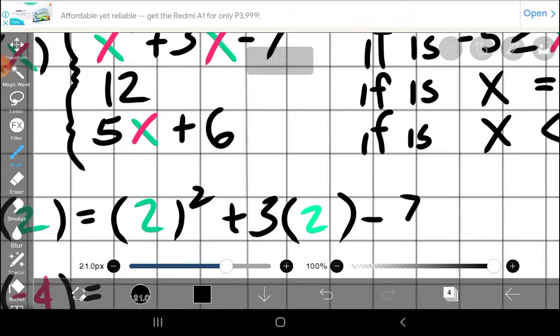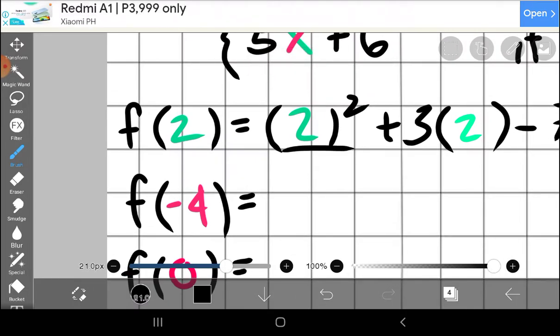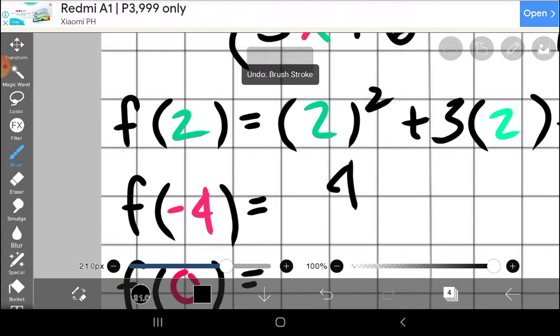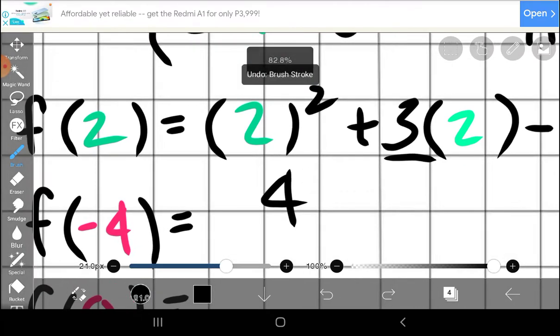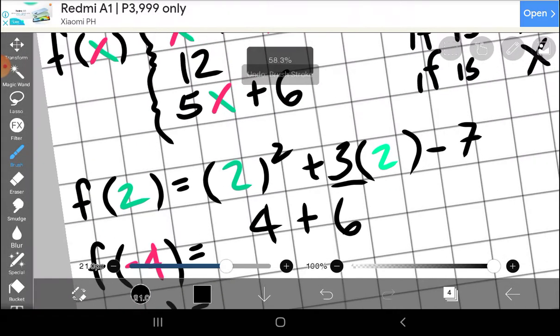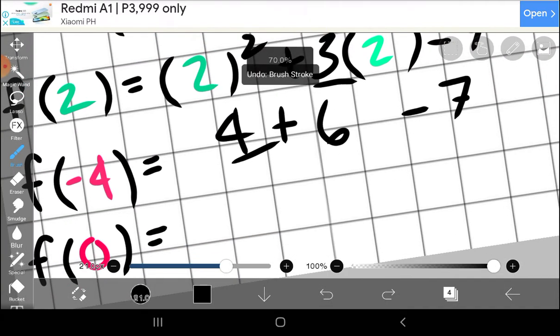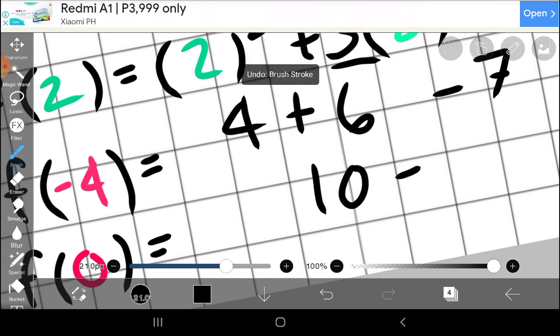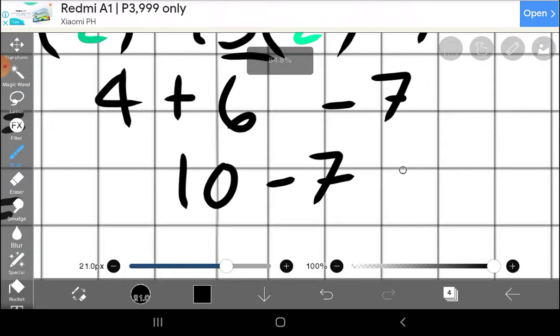And negative 7. Now let's solve. 2 squared is 2 times 2 is 4. 3 times 2 is 6. Bring down 7. 4 plus 6 is 10. 10 minus 7 is positive 3.